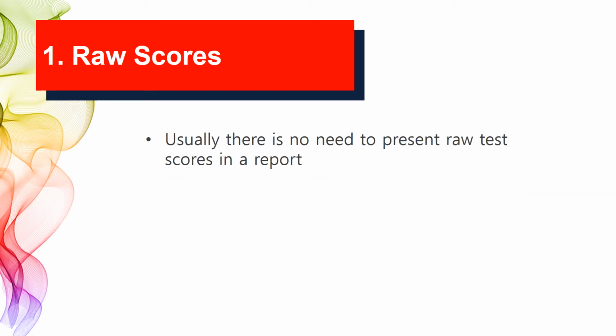Usually, there is no need to present raw scores in a report. However, in rare cases, an examinee's performance appears not only to be declining relative to some age peers, but also compared to past performance in an absolute sense.